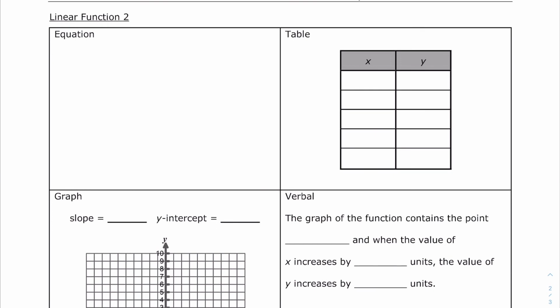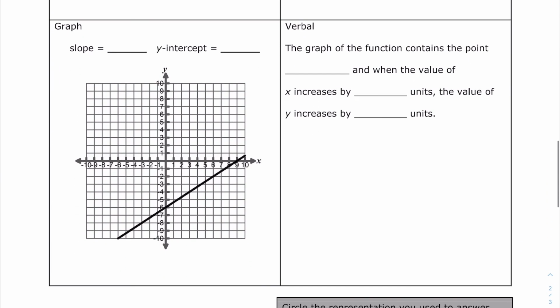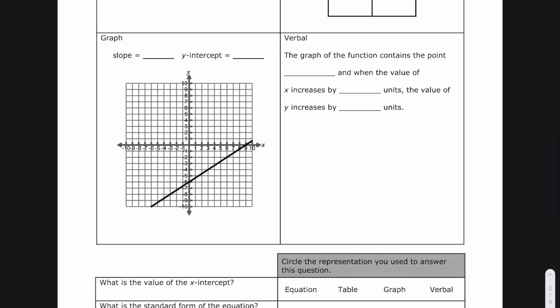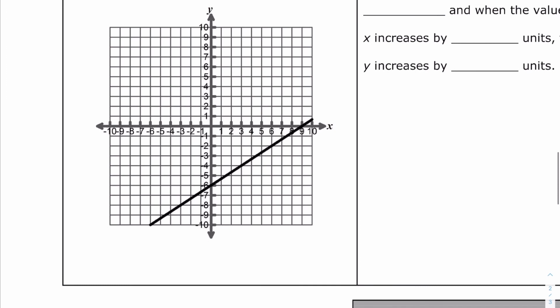Okay, in this next one, it's the same 4 things that need to be filled out. The difference is they gave you the graph, and you're going to need to turn this graph into either y minus y1 or y equals mx plus b.